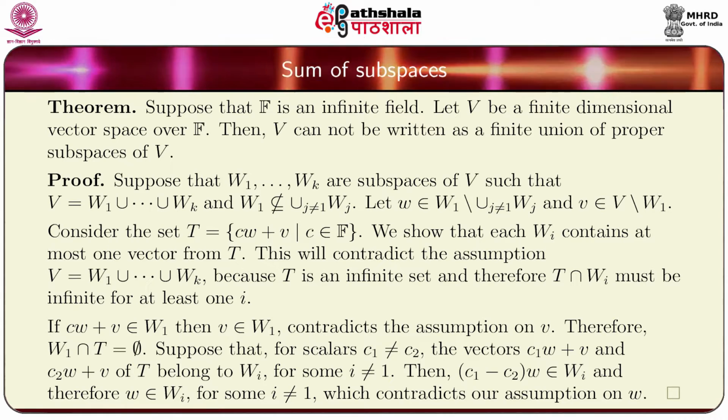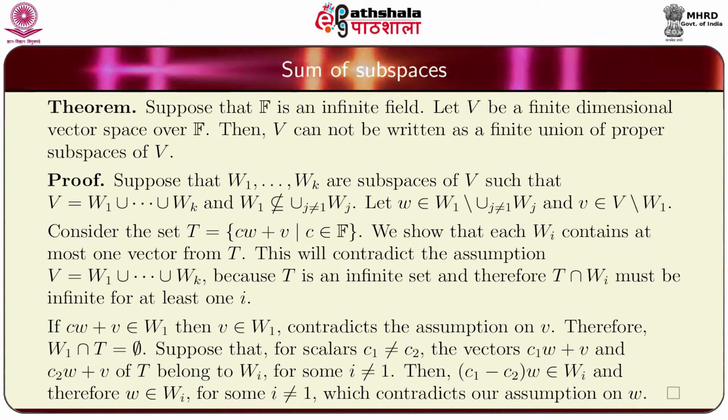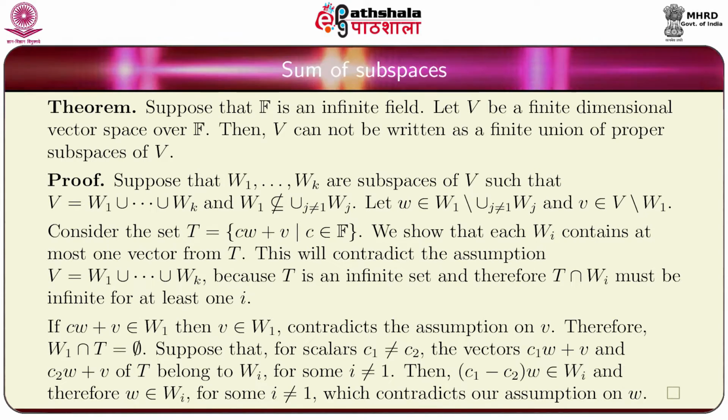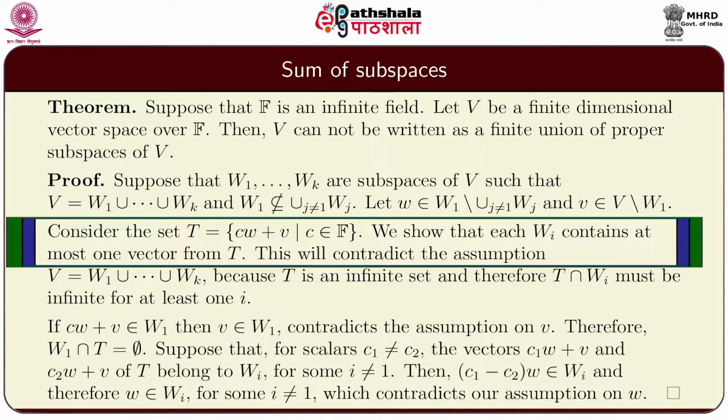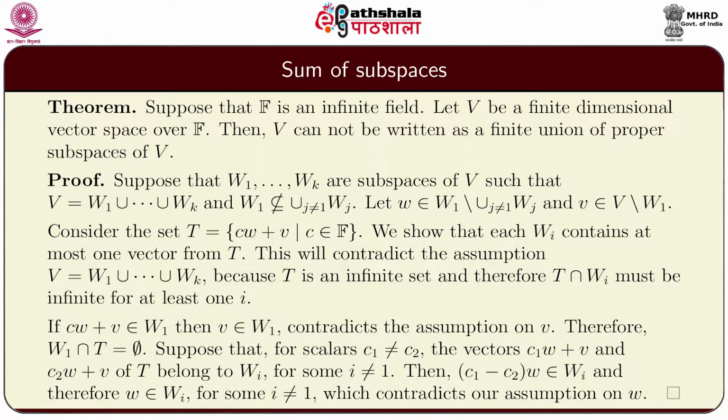Therefore, we can choose a vector v which is in the vector space V but not in the subspace W1. Let us consider this set T, which is the collection of all vectors of the form cw plus v, where c is running through the field F. We show that each Wi contains at most one vector from T. At most one vector means either Wi intersection T is empty or a singleton set.